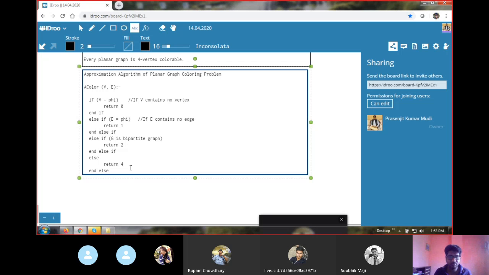The traditional deterministic graph coloring algorithm has exponential computational time complexity. So if I apply the approximation algorithm to planar graph coloring problems, there is a huge advantage in terms of computational complexity.